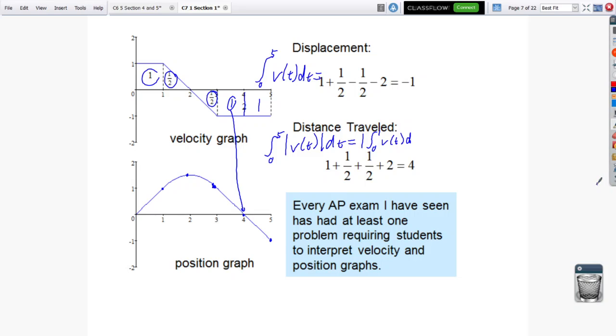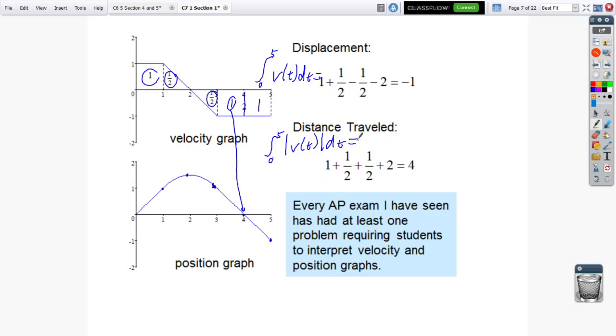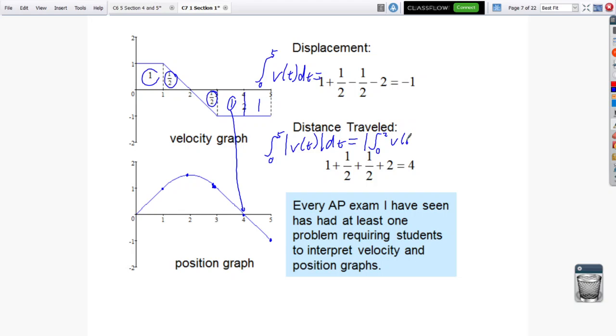We can just, as the last page said, find the roots of our velocity function, and we can just say this is equal to the absolute value of the integral from 0 to 2 of v of t dt plus the absolute value of the integral from 2 to 5 of v of t dt.